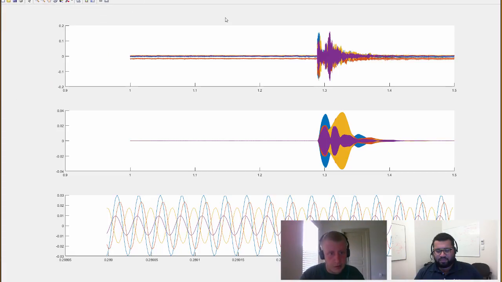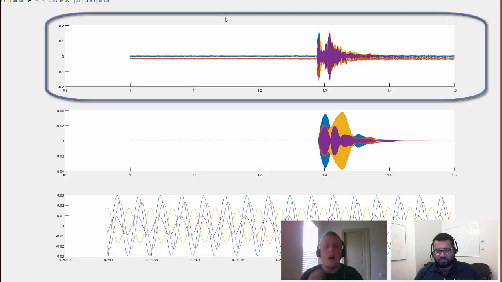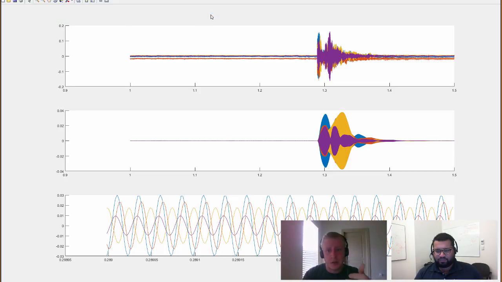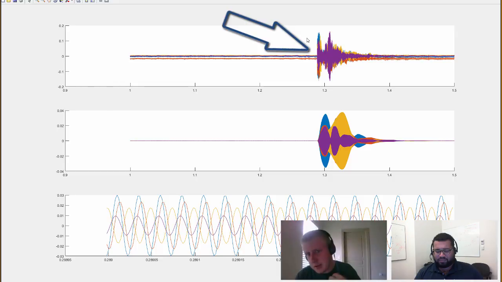So what we start off with first is your initial data read in your top chart here. And what we see is very noisy data, but we can still see that hard front of the waveform where the sound wave initially hits, and that's where the data we're actually interested in is.